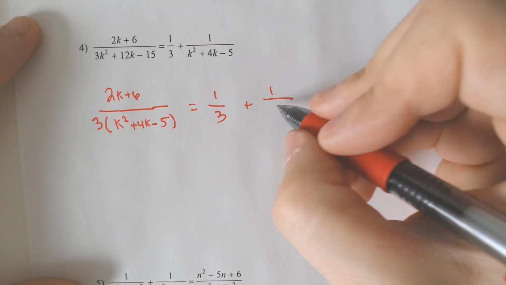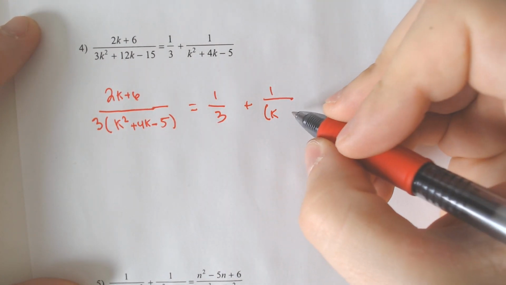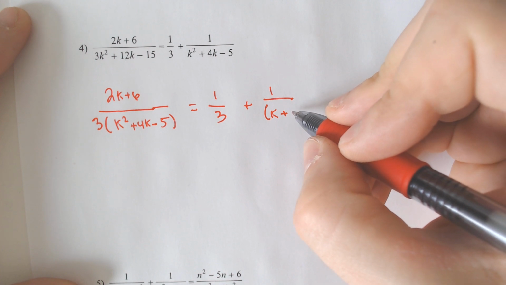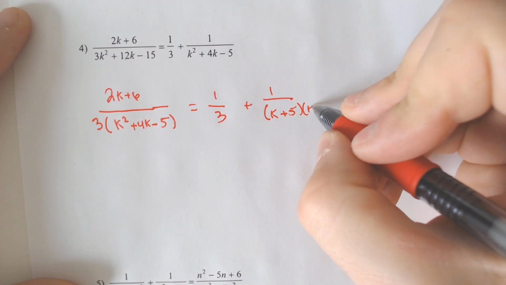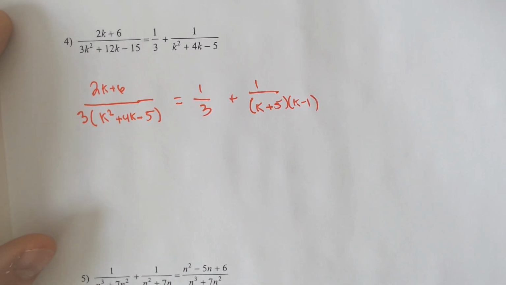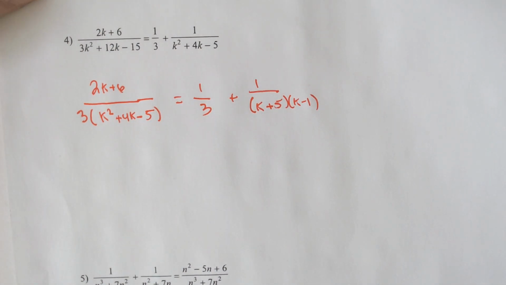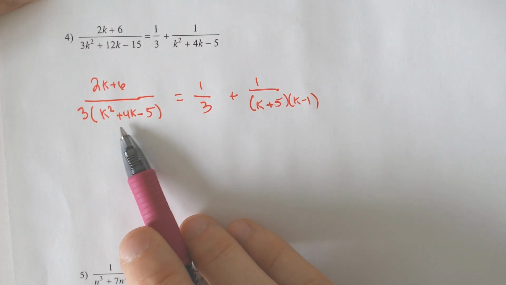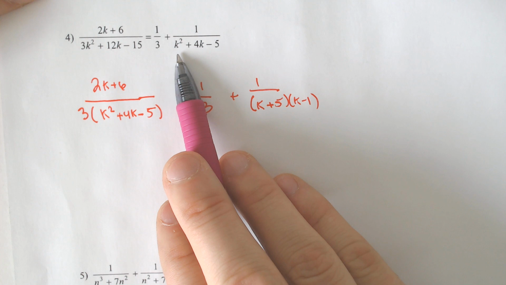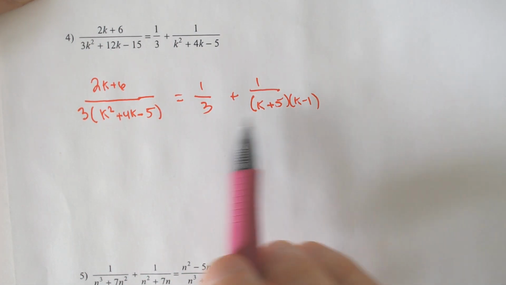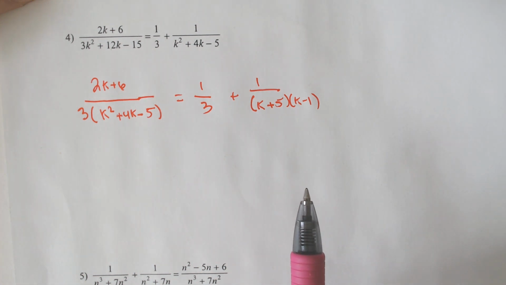If we factor this, this would be k plus 5 and k minus 1. Okay, so I'm going to pause and think before I keep going. For right now, this k squared plus 4k minus 5 was a k squared plus 4k minus 5, and I factored it.